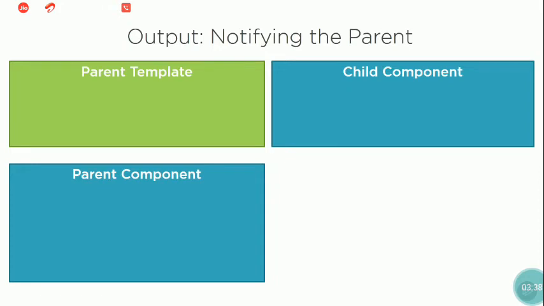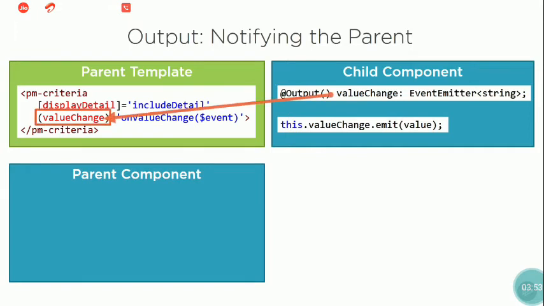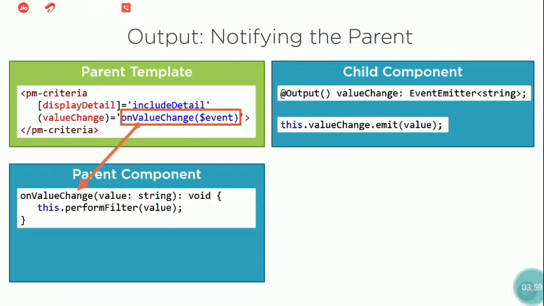To send out these events, the child component defines an output property using the output decorator. The child component uses that property to emit an event and optionally sets the event payload value. A parent template can catch those events using event binding, access the event payload, and call a method to react to the event. In this example, by filtering the list.